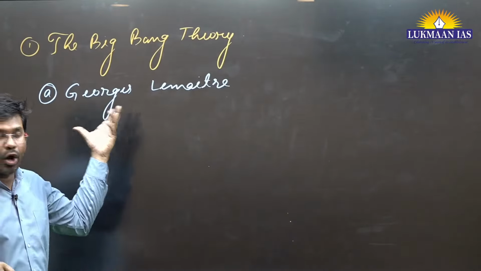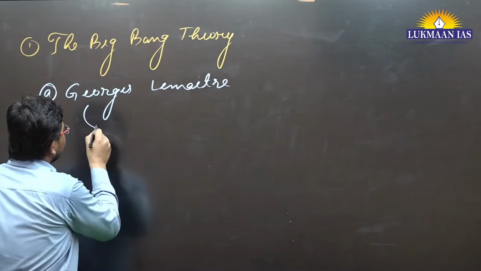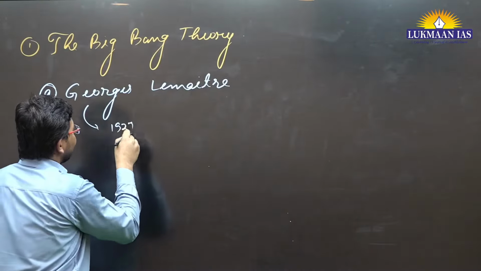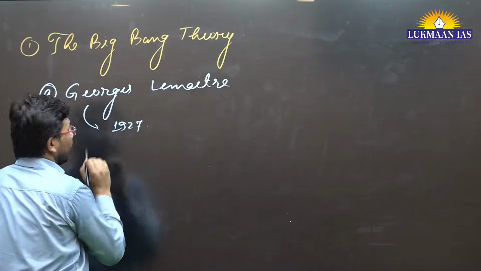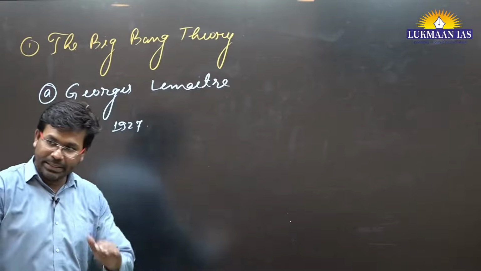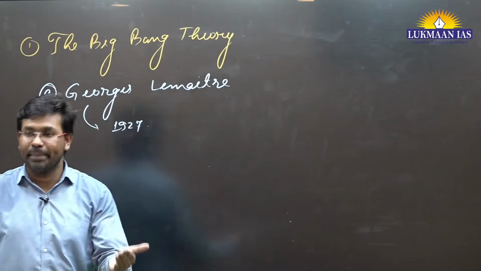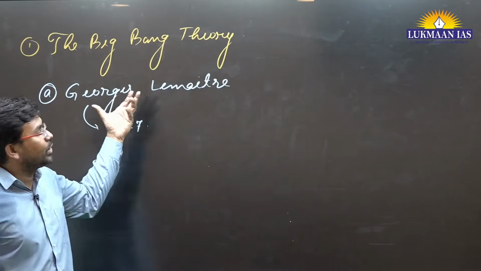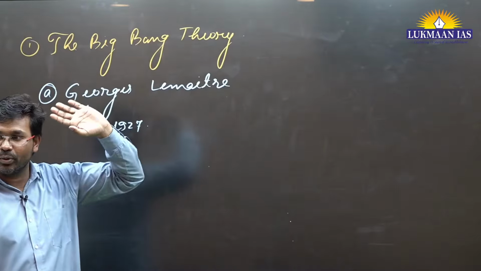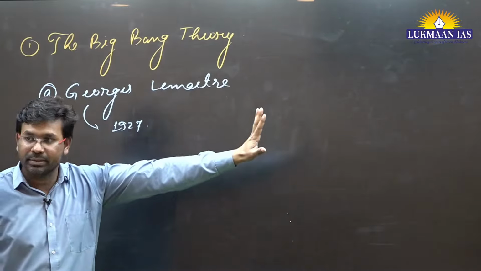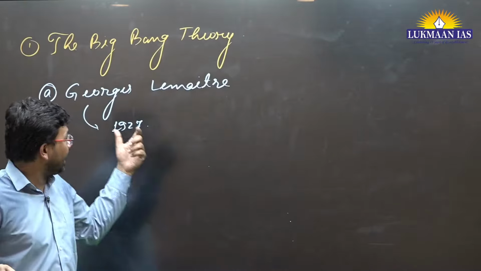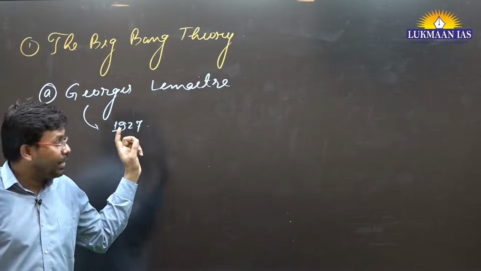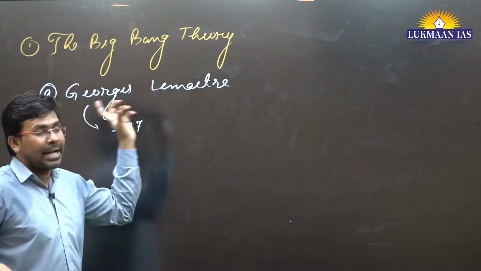Georges Lemaitre long back, in the year 1927. 1927 means less than a century back. So the Big Bang theory is not, let's say, a 2000, 3000 years old theory. It's a theory that was postulated in 1927 itself, by a person whose name is Georges Lemaitre.